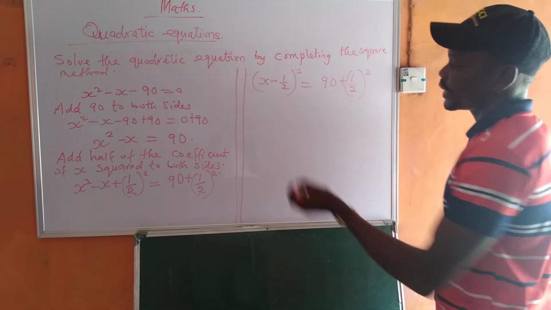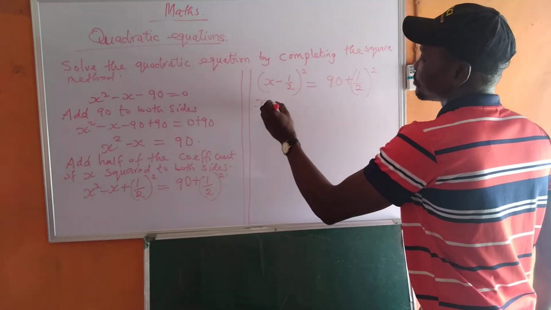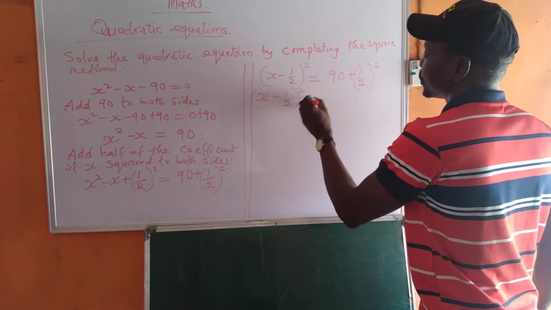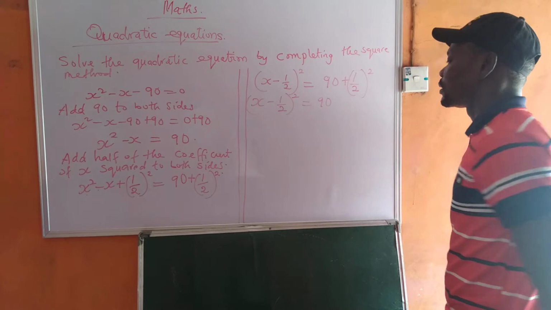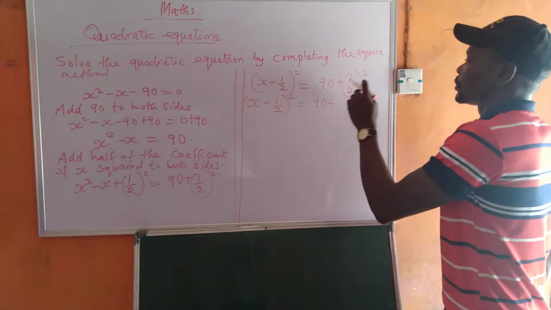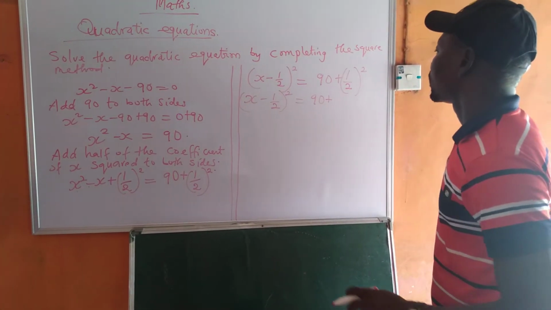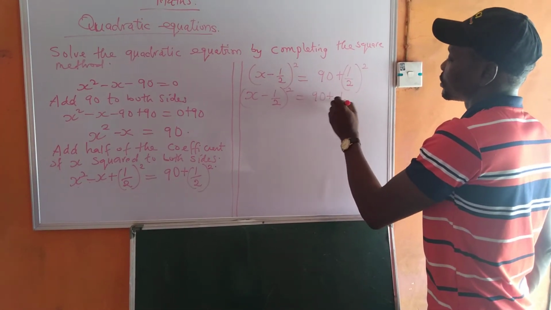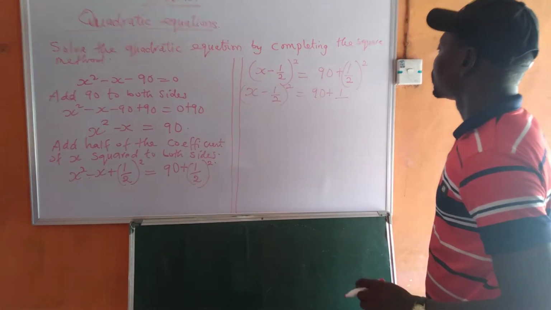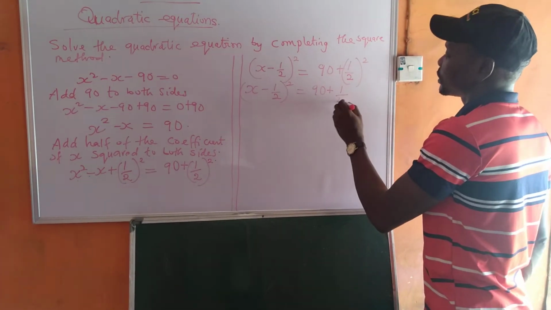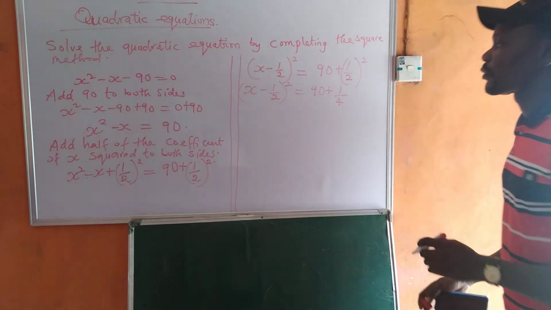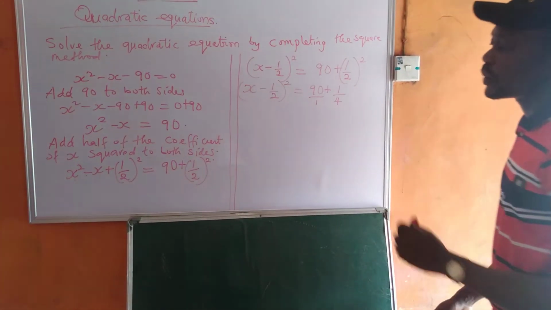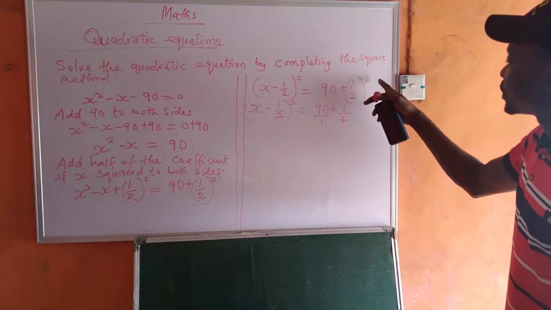So in that regard, you write the value again: x minus 1 over 2 all squared is equal to 90 plus, what is 1 squared? 1 squared is 1. What is 2 squared? 2 squared is 4. As you can see now. So let's say this 90 is over 1. This is what we are left with now. 1 squared is 1, 2 squared is 4.